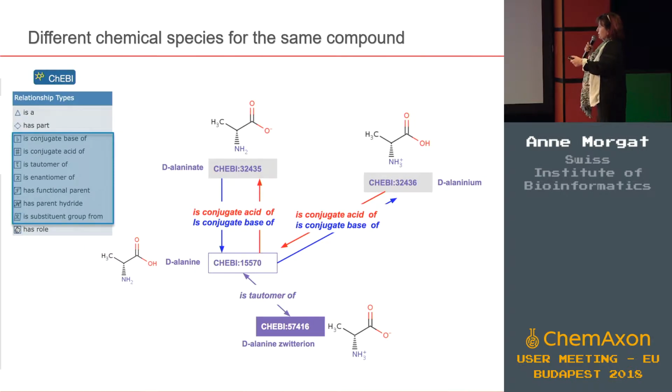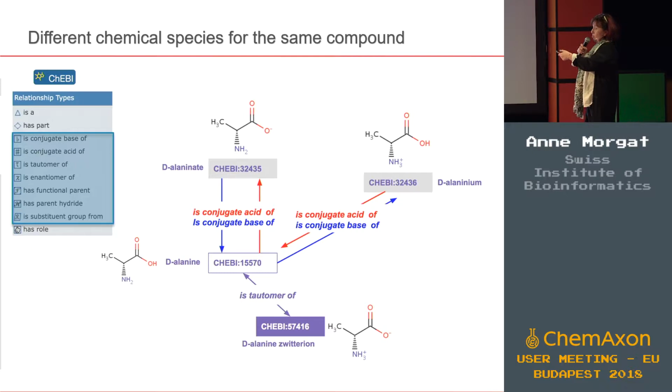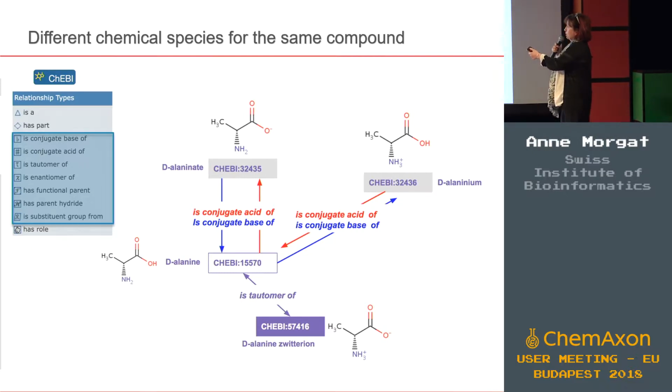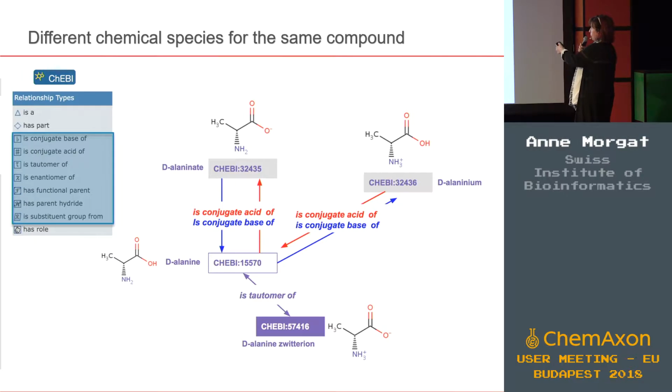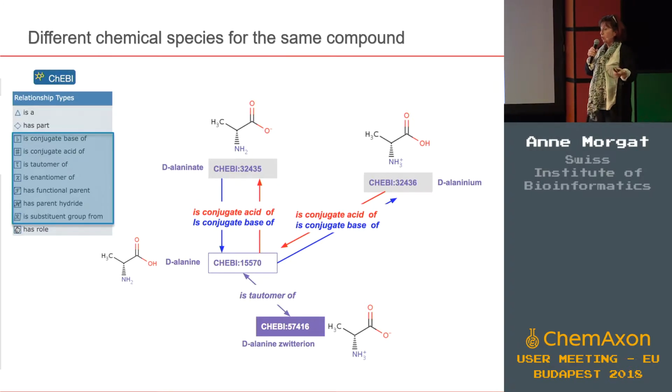If these chemical entities are linked by relationships, we can see that in ChEBI we have classical relationships, like is a and has part, but they also provide some chemically specific relationships, like is conjugate base of, is tautomer of. So we can navigate easily in ChEBI with these relationships, but it does not tackle the issue of selecting one of these compounds in a consistent way.